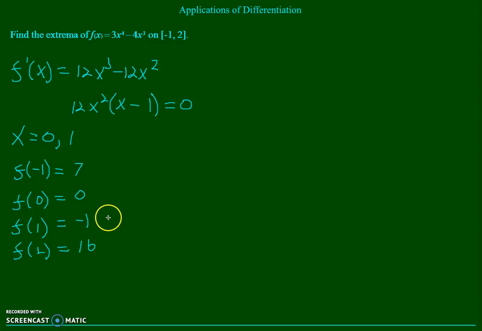So it's clear at this point that 1 is a minimum, which is one of our critical numbers, and our max is an endpoint. So this endpoint 2 is our maximum on this interval. So we can say that -1 is a minimum, and 16 is our maximum. And those are our extrema on that interval.